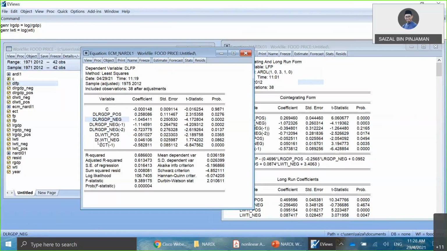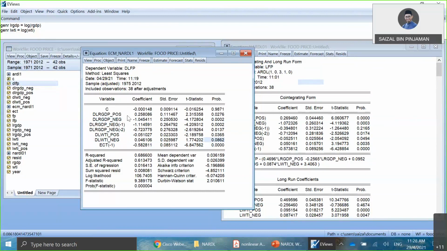Here, the negative value of the fuel price is also significant because it is 10% or lower. In this case it is 8%. So we can say that this negative fuel price is also significant in explaining the movement of food price in the short run.